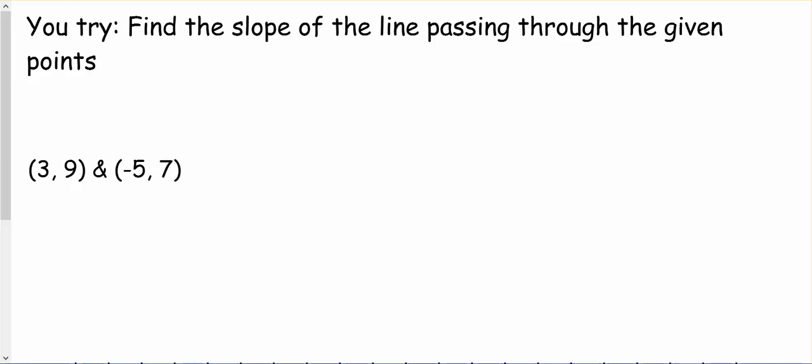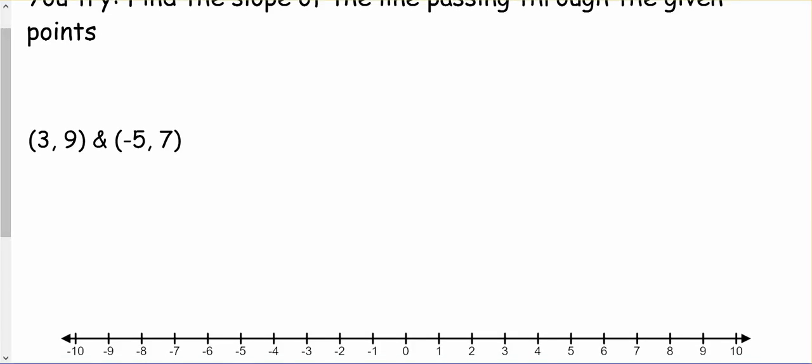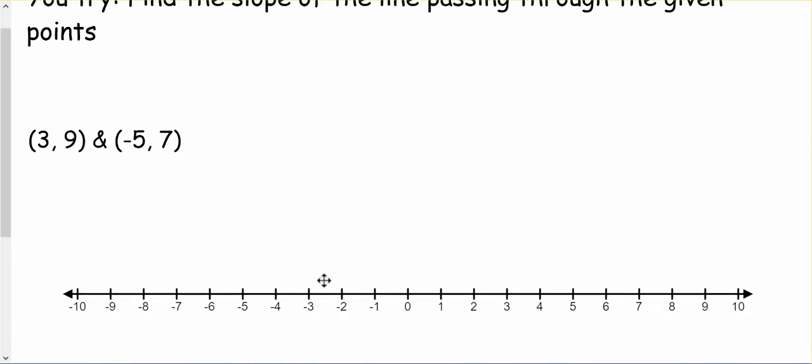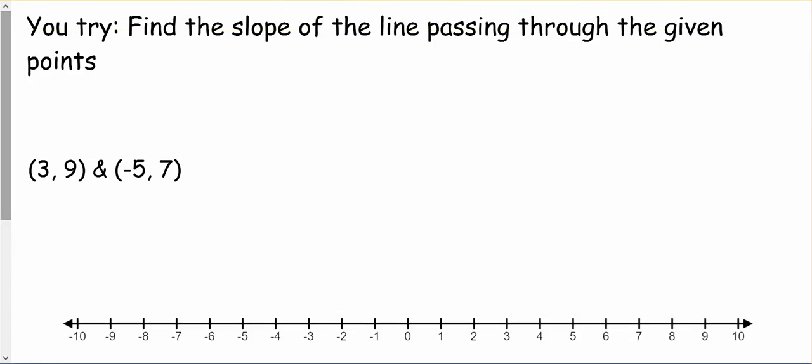You try this one. So I do it the change in y method. So I say change in y over change in x, and we're going to go from 9 to 7.